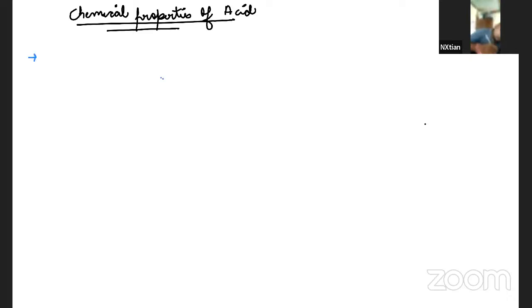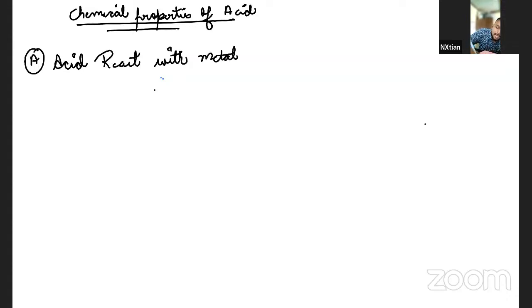So listen guys, the first property is when acid reacts with metal. Whenever acid reacts with metal, it will give metal salt plus hydrogen gas.